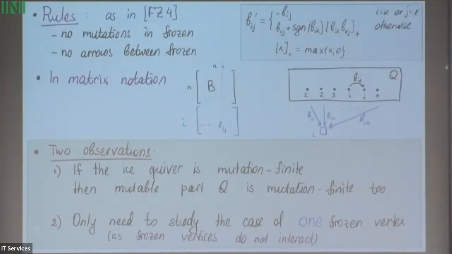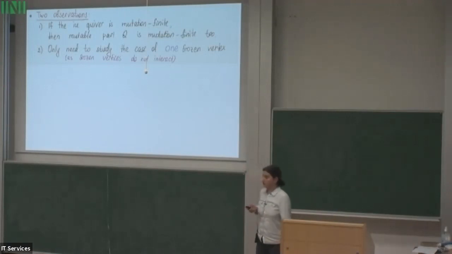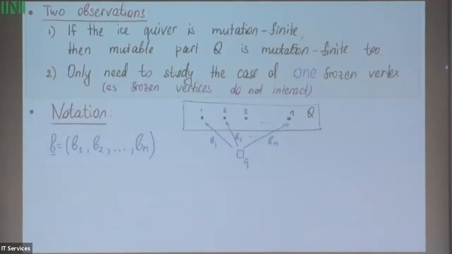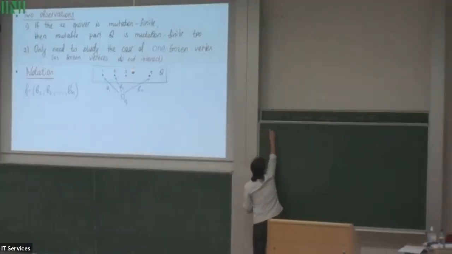Okay. These two observations bring me to the following notation and to the following reformulation of the question. I will omit double indices. I will just look at one variable with indices b1, ..., bn. Let me copy the notation here, just for later reference.